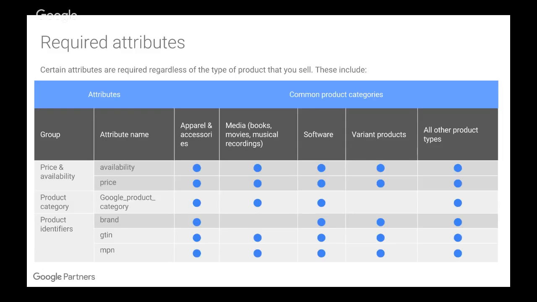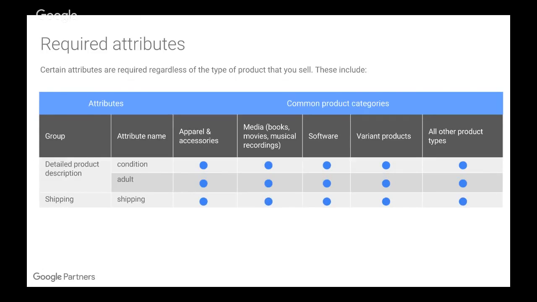However, be sure that you've checked with your manufacturer for the existence of the GTIN before you skip over this step, as if the GTIN does exist and you simply have chosen to not use it, your products will be disapproved. So in essence, you must definitely have product identifiers in the feed, preferably your GTIN, and should it not exist, your brand and your MPN. All right.